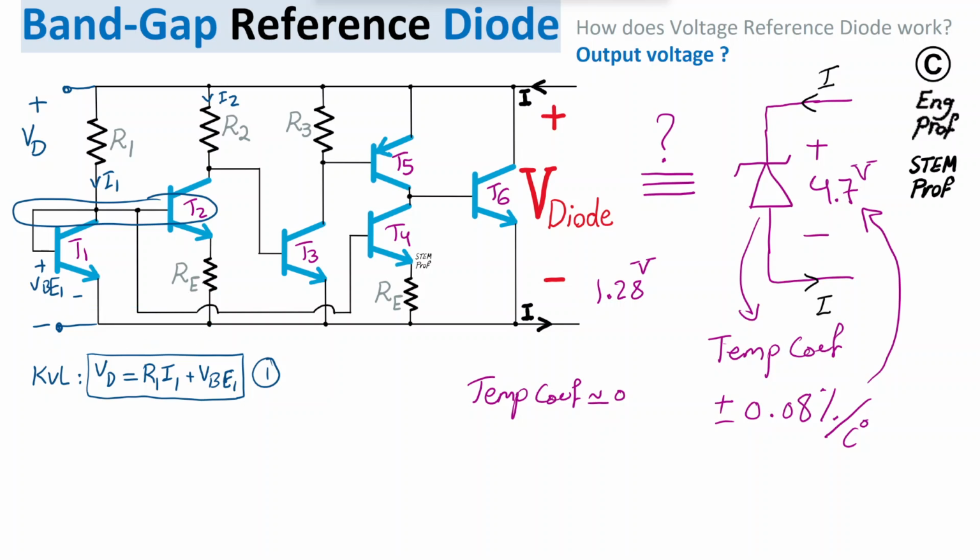So we have, on one side, just the base emitter of transistor T1. On the other side, similar to a Widlar current mirror, or current source, we have the transistor T2 and the voltage drop across RE.